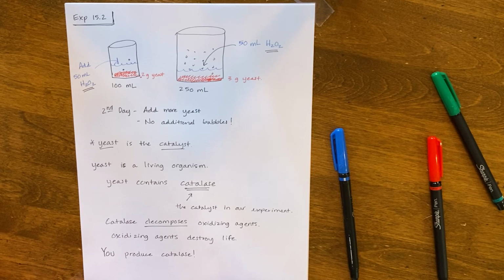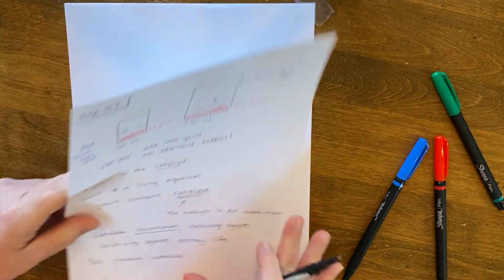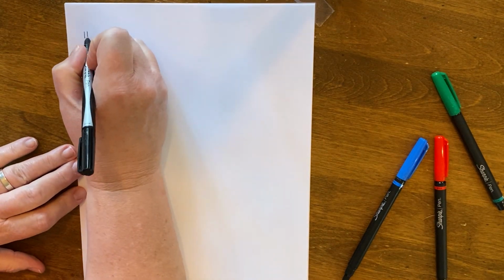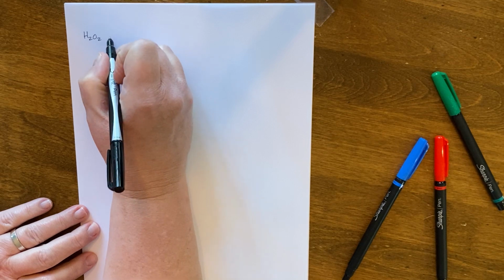So hopefully you've all had this experience where you've cut yourself and your mom has put hydrogen peroxide on it. There's a picture of it happening on page 471, okay? So what happens when you put hydrogen peroxide on a cut is the hydrogen peroxide mixes with all the fluids in the wound.